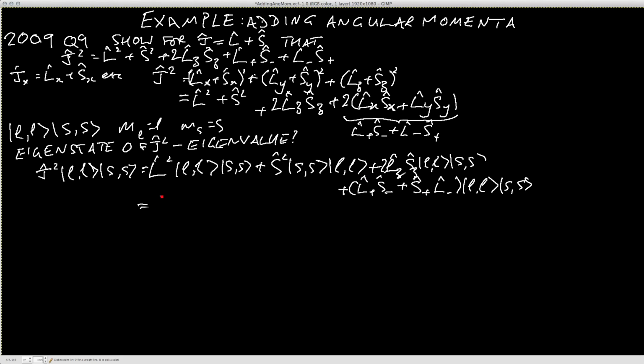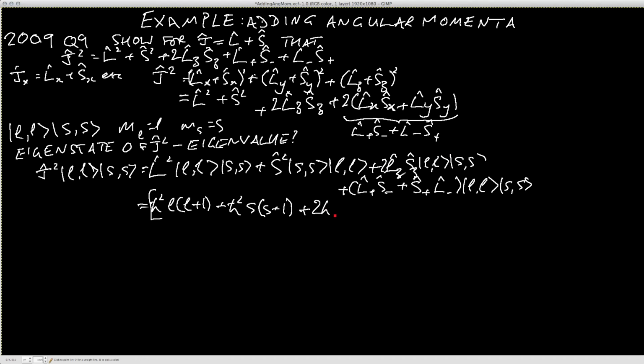Now, L squared acting on L comma L is going to give us an H bar squared L into L plus 1. And then we're going to have the state. So I'm going to put this all in a square bracket because I don't want to keep writing that out. This part here, S squared, is going to give us an H bar squared S into S plus 1. That's because that's an eigenstate of S. Now when we look at the LZ SZ, we're going to get a 2, that just comes from the 2 prefactor.